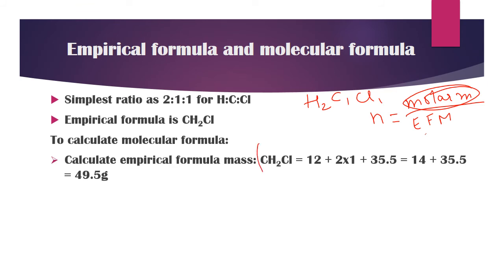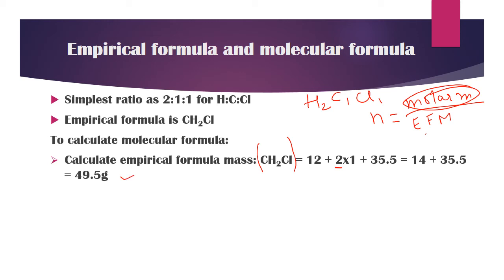We know the empirical formula CH2Cl. So we just need to add up the atomic masses, and we need to make sure that we consider the subscripts because it gives you the number of atoms of that element in the compound. So it will be 12 plus 2 into 1 plus 35.5, which comes to 49.5 grams.